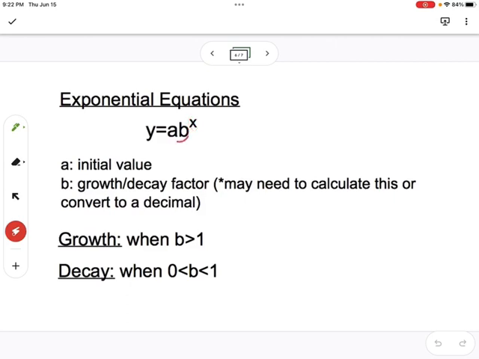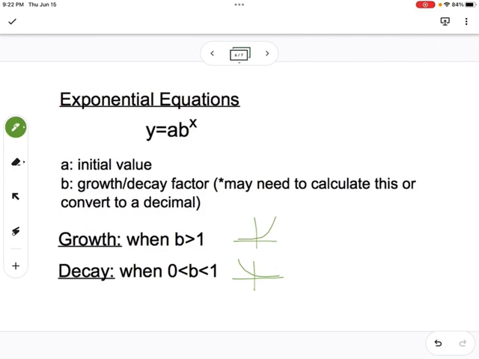If we have a b that is greater than 1, it'll be a growth, and it will be a graph that looks like so. And if we have a decay, that's having a fraction as the b, or a decimal number, a number that's between 0 and 1, and the decay graph will look like this one here.